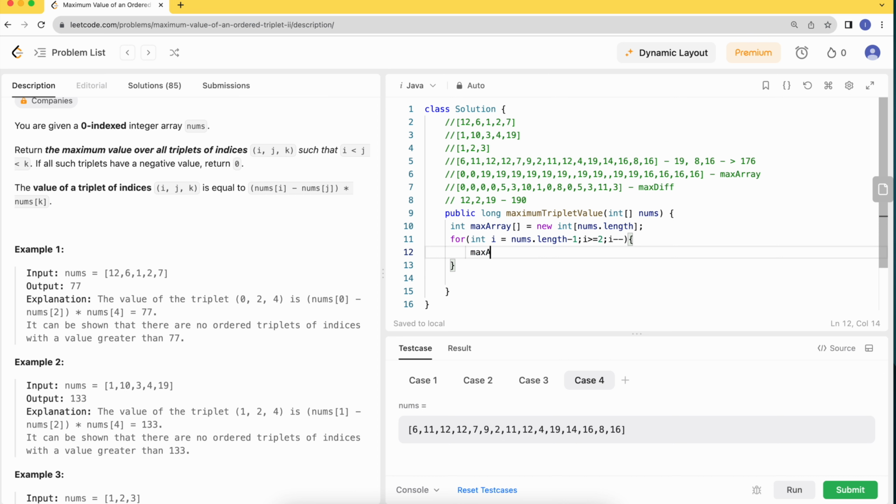I can say the maximum array here would be the Math.max of max so far and the corresponding element, nums of that index. So this is my maximum element here.